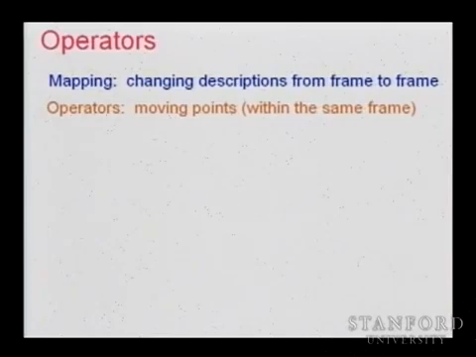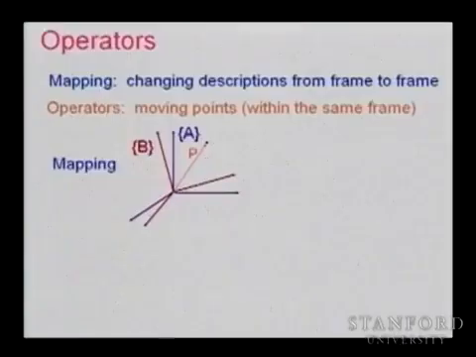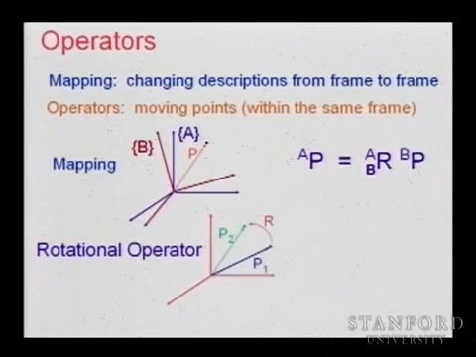Well, that could be useful. So you have a vector, you have one frame, you have a description. Another frame, you have a description. Now, what I'm going to do is a rotation, and this rotation will rotate the vector. So, in fact, a rotation matrix, which could describe the relationship between the components of the same vector in 2 different frames, can also be used as an operator that would operate on a vector P1 to produce a vector P2.